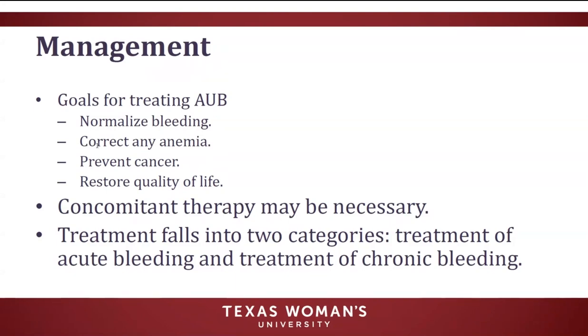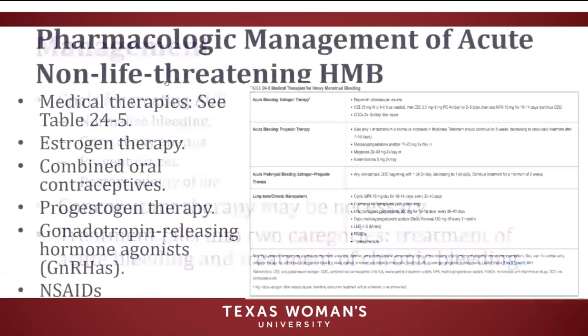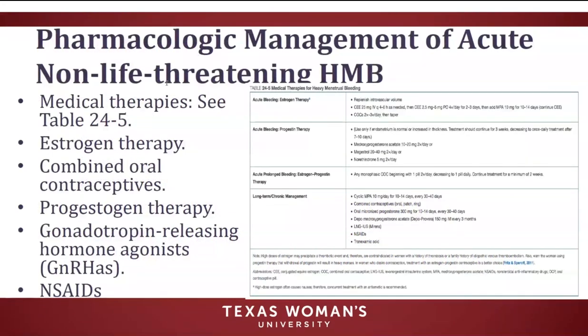Treatment basically falls in between acute and chronic. We're going to start with acute but non-life threatening. So again, this is that table that will be in your GYN textbook, and I will probably have this in your module as well.